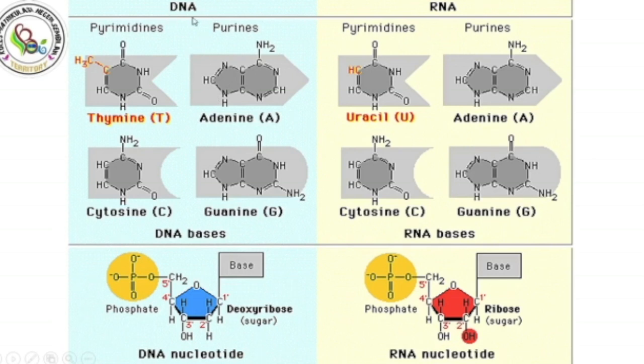For DNA molecules, there are four types of nitrogenous base that can be found: thymine, represented by capital letter T, adenine, A, cytosine, C, and guanine, capital letter G. Meanwhile, for RNA molecules, there are also four different types of nitrogenous base, in which we have uracil, represented by U, adenine, cytosine, and guanine.